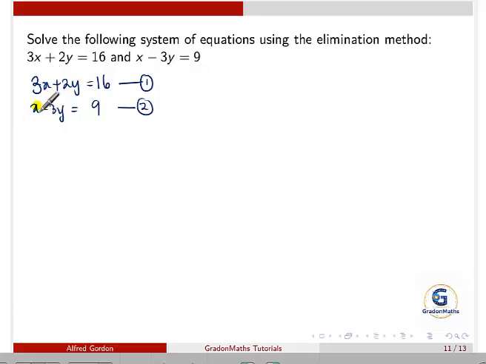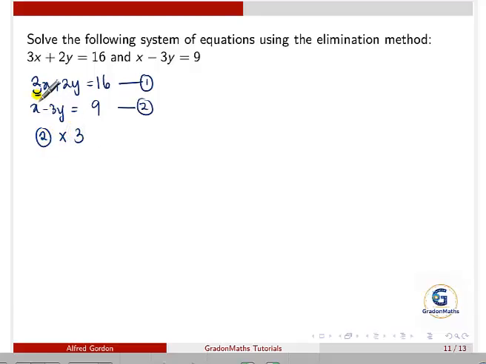Okay, so we can go ahead to do a multiplication, but here you could see that the coefficient of x in equation 2 is just 1. So we can multiply equation 2 by the coefficient of x in equation 1, and we are good to go. So we can do equation 2 multiplied by 3.